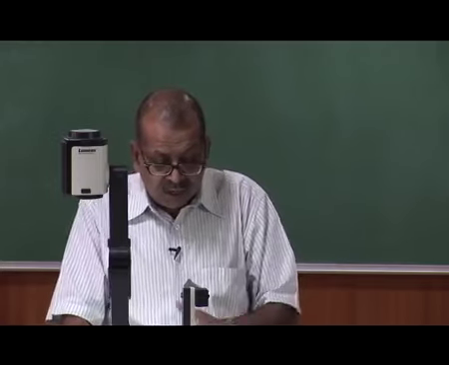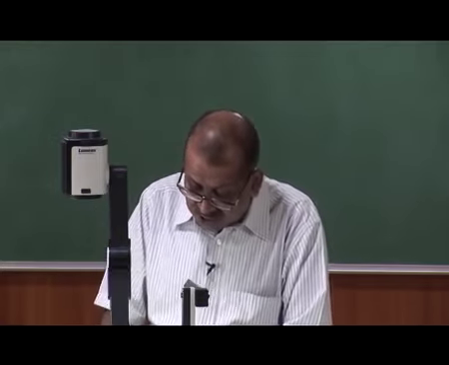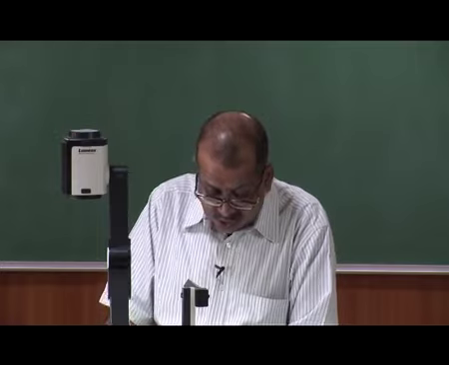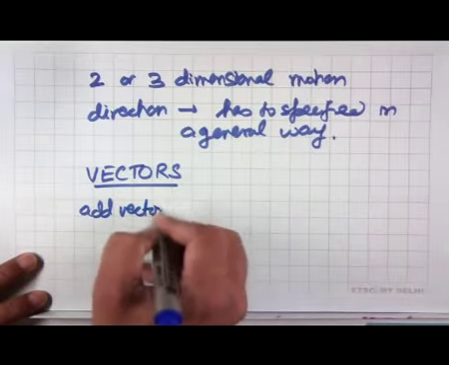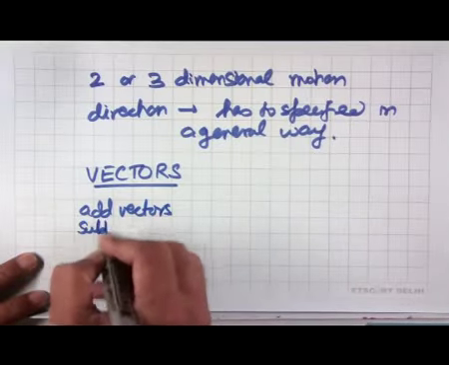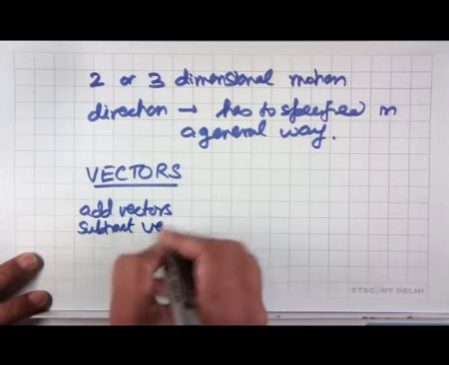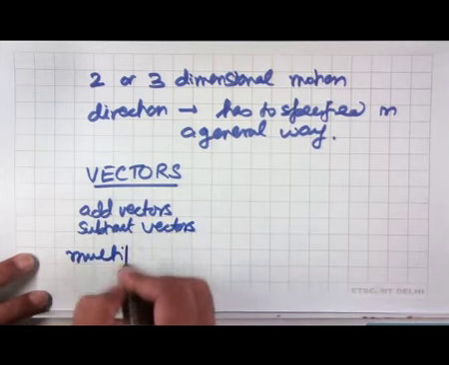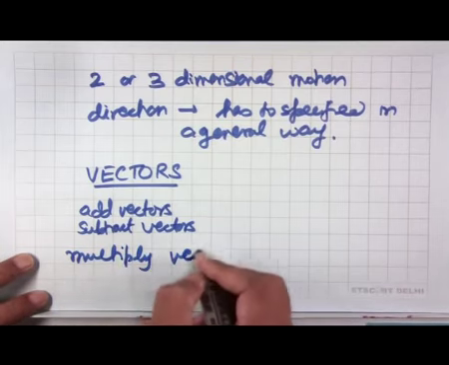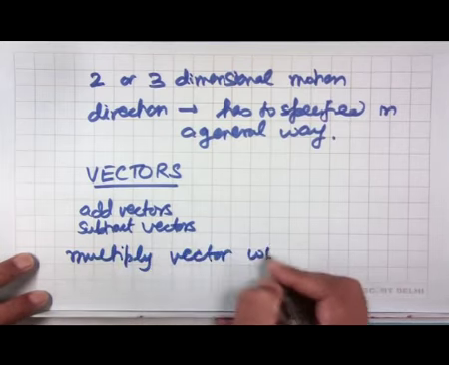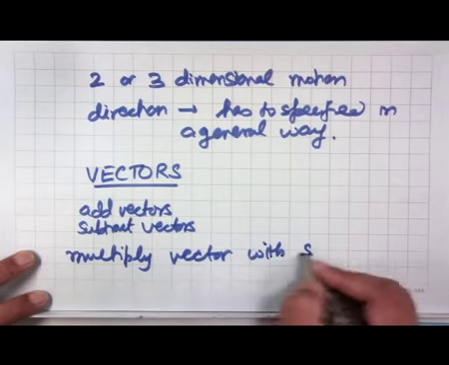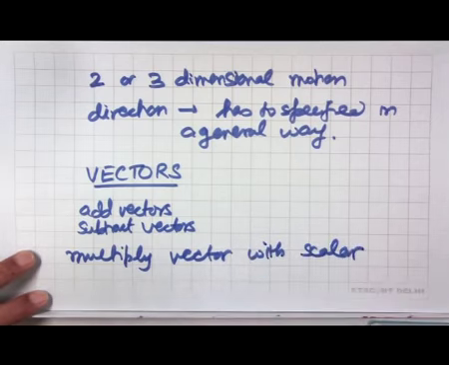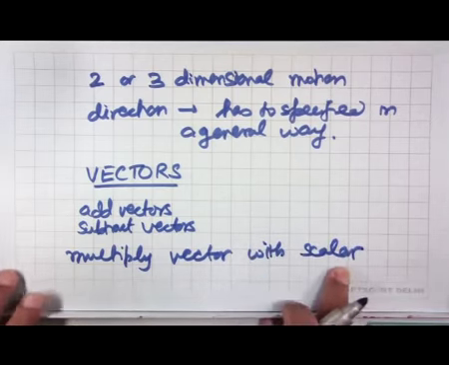So, the first part of the study of motion in a plane will actually be studying vectors. We will see how to add vectors, how to subtract vectors, and how to multiply a vector with a scalar. Now, I have not introduced the term scalar.